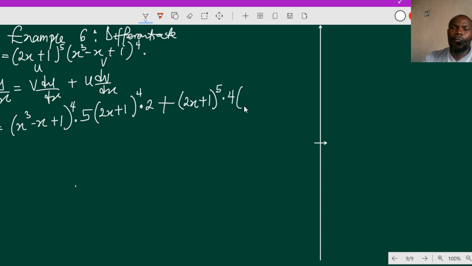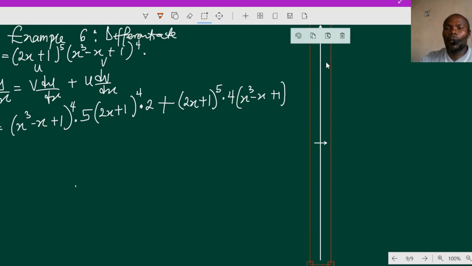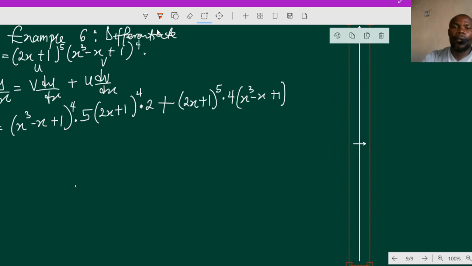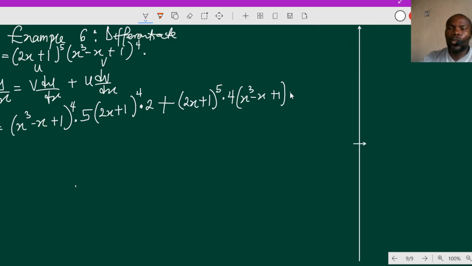We have 4, we have x cubed minus x plus 1, dot. By the time you differentiate the inner one here, you have 3x squared minus 1.